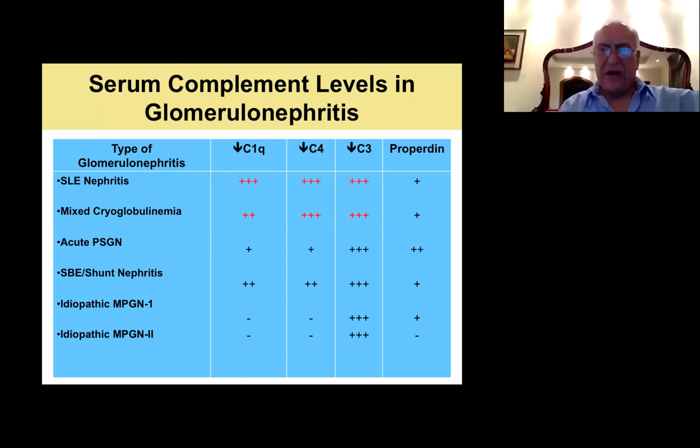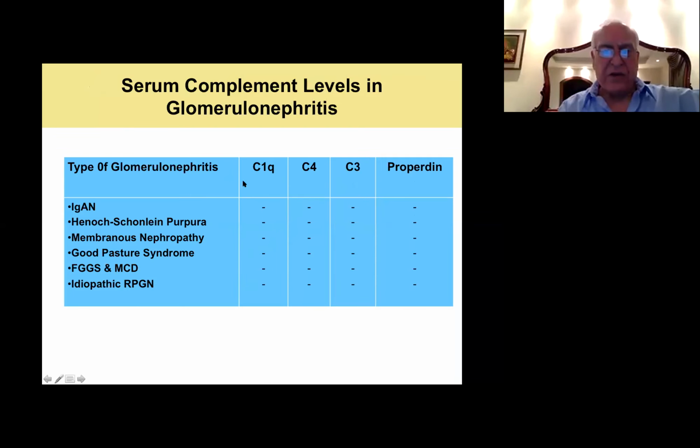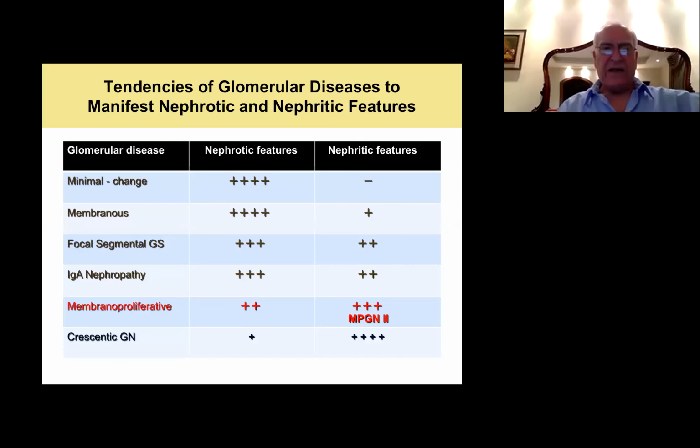So that's the value of the complements. The rest of the glomerular diseases, IgA, Henoch-Schonlein, membranous, Goodpasture, focal segmental, idiopathic, ANCA-related, all will have normal complements. So when you order complements, it will help you a lot to reach your differential diagnosis. Final slide about this introduction, which is a long one.